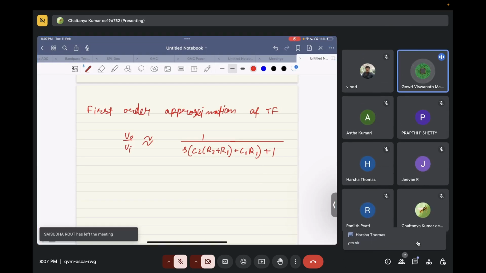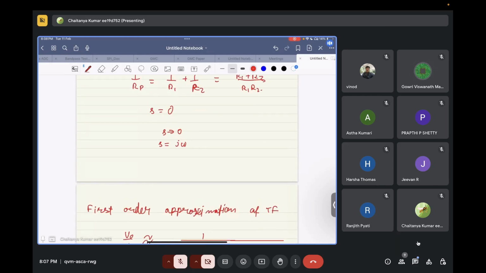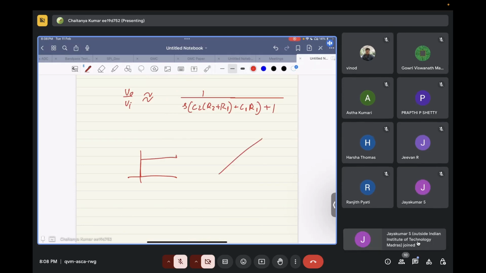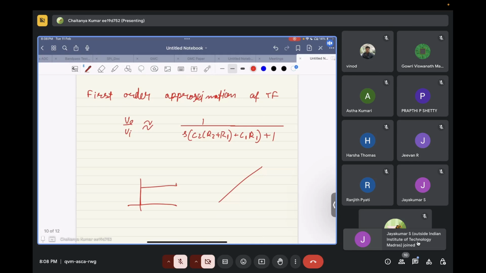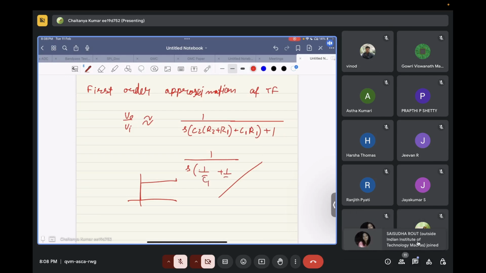So what is the use of this approximation? Let's say you have been given a step, or maybe a slow varying ramp, and the frequency components are not very high. Any circuit can be approximated as its first order equivalent, s times (1 by tau 1 plus 1 by tau 2).